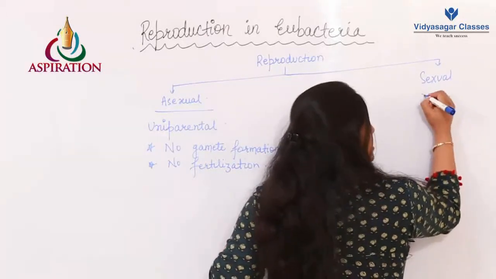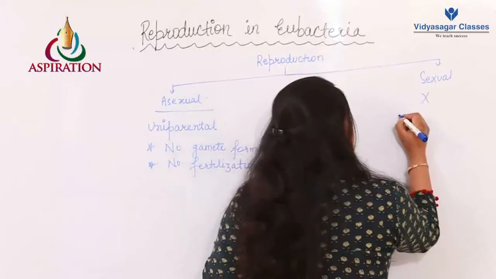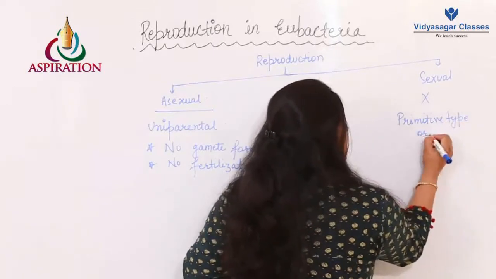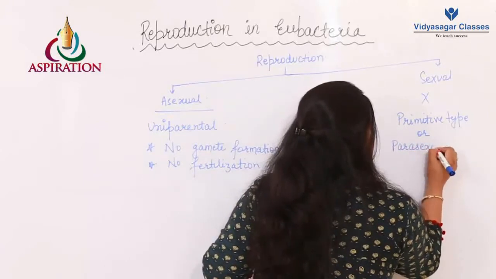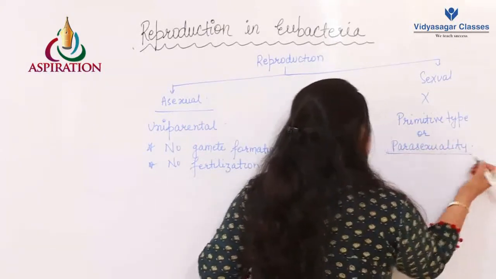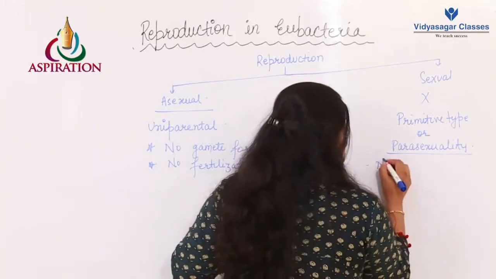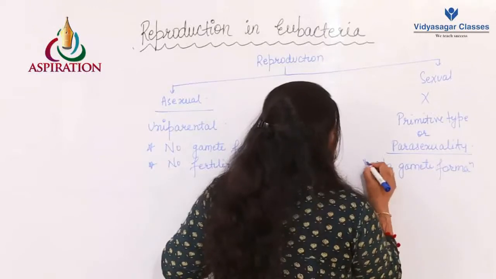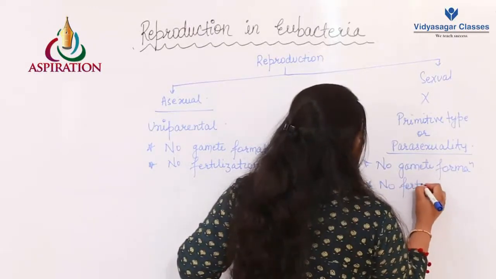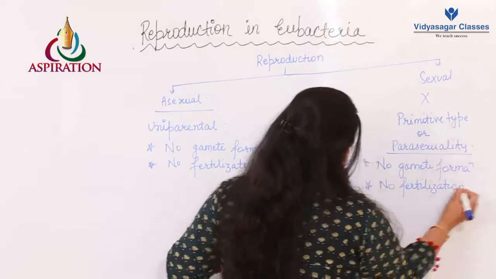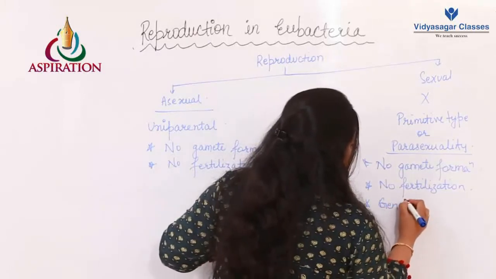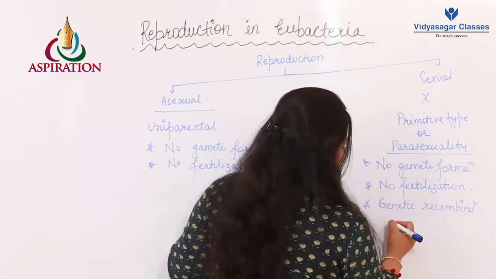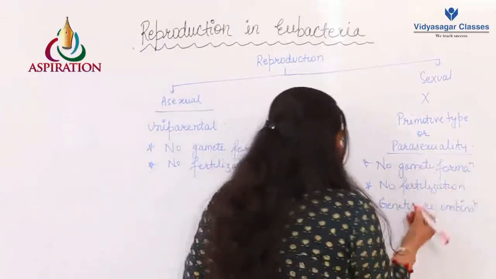Although the true type of sexual reproduction is absent, a primitive type, which is known as parasexuality, is present in bacteria, where there is no gamete formation, no fertilization, but genetic recombination is reported through some special methods which we will discuss later.